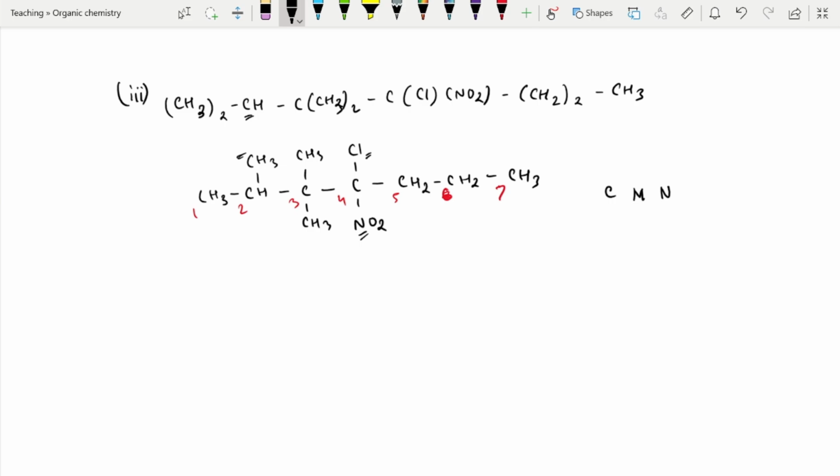If we follow the alphabetic order, we will see that C comes before M and M comes before N. That's why we have to name it like this.